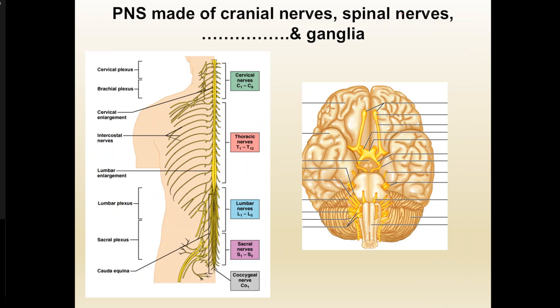All right, so now, as we already stated, the peripheral nervous system is made of mainly cranial nerves and spinal nerves, but we will also see how within the spinal nerves we can recognize other structures such as ganglia. We're going to talk about them today.